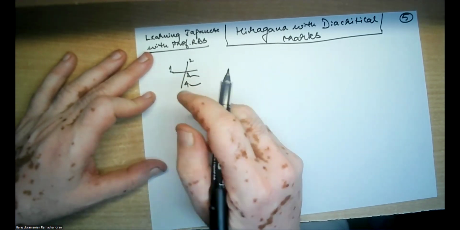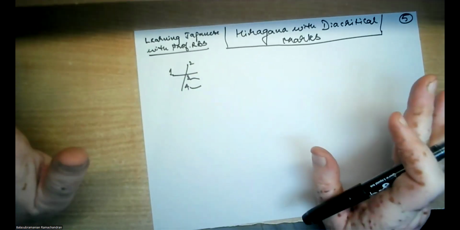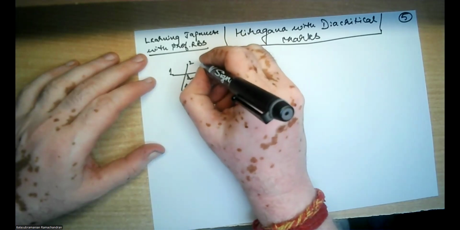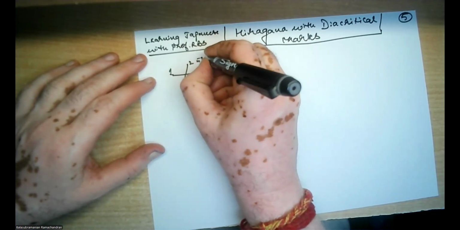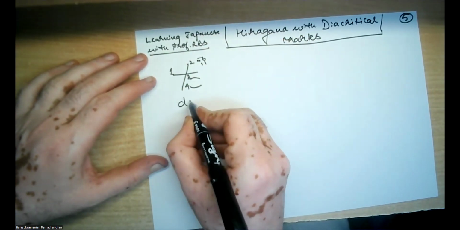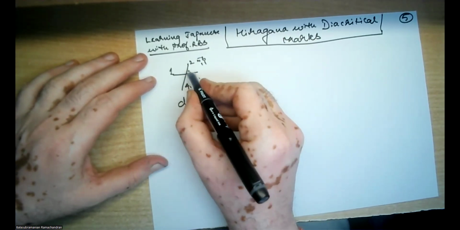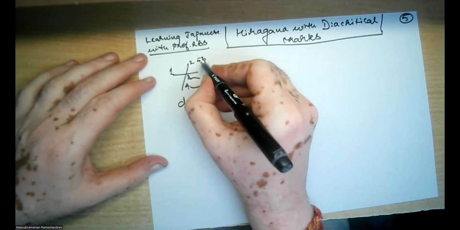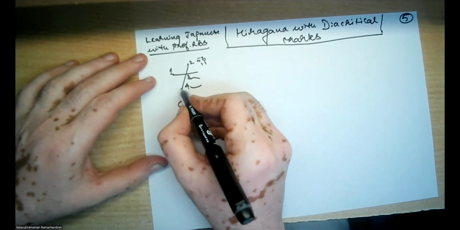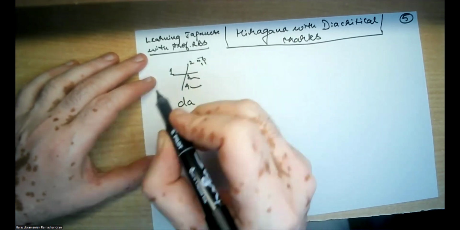So are you clear about this? This is essentially Ta. And then you add stroke 5 and 6 and you get Da. Stroke 1, 2, 3, 4, 5, 6.